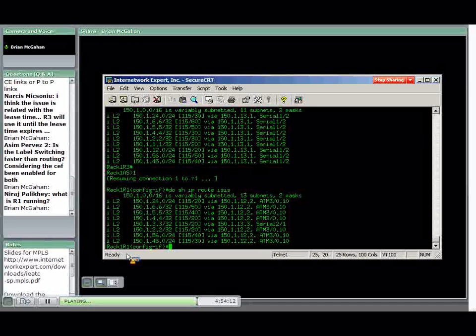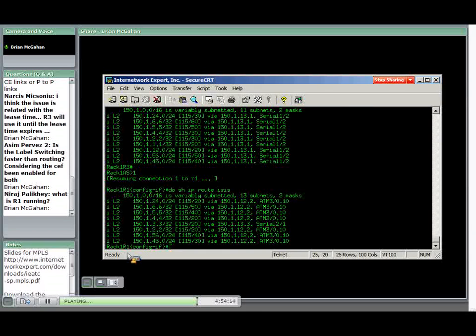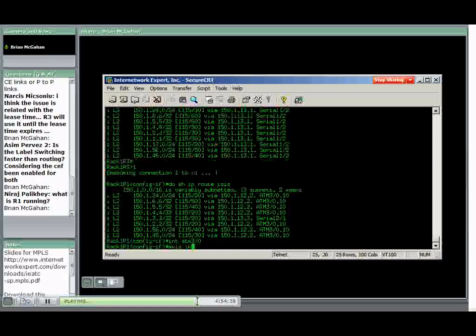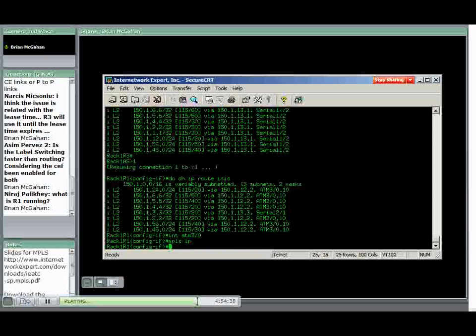And if the neighbors do not have a route to this address, then they are not going to be able to establish LDP or TDP adjacency to them. Okay, so as a general rule, you would want to go ahead and set your LDP router ID and make sure that all of the devices that you're going to run LDP with have a route to that destination. It's only going to be locally significant between you and those neighbors.